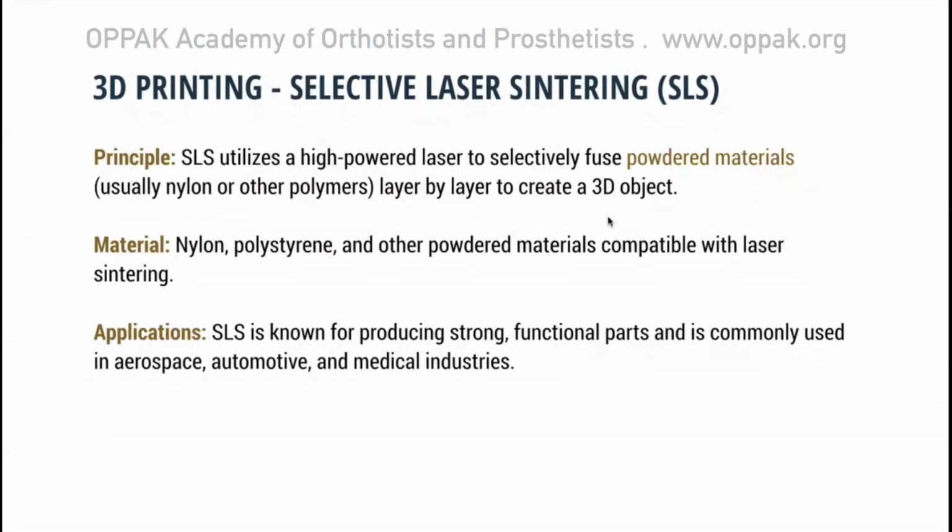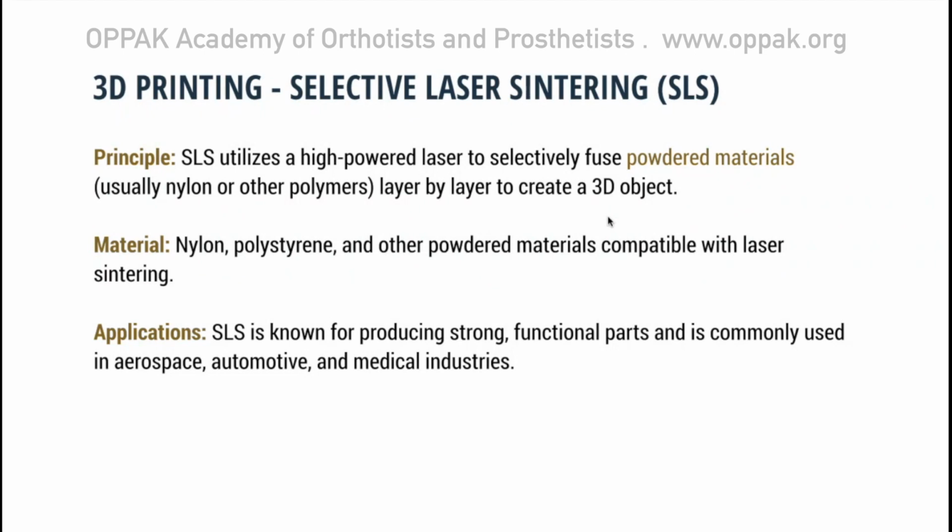So we have come to the third technique, called SLS, selective laser sintering. We have seen the liquid and the filaments. Now in this technique we use powdered materials for the fusion, with which we go layer by layer to create a 3D object.